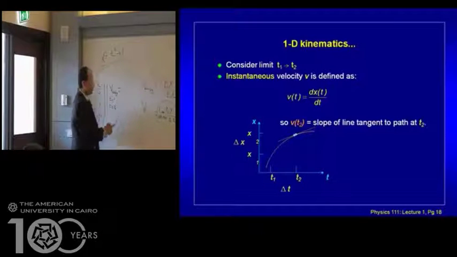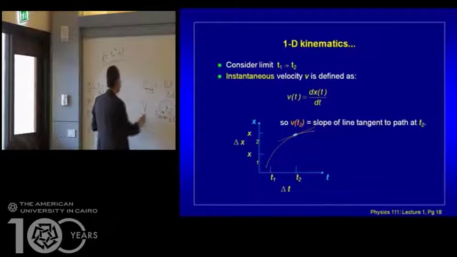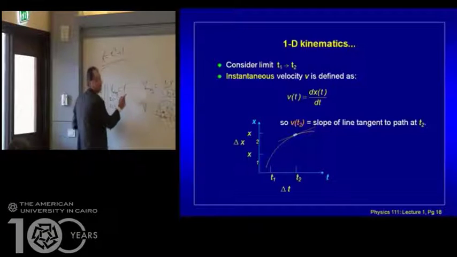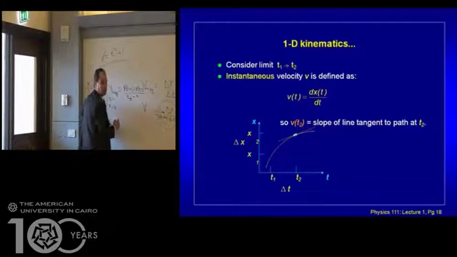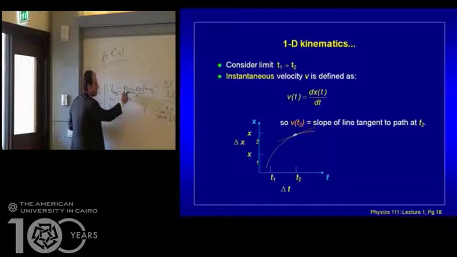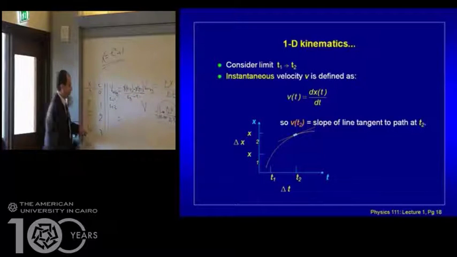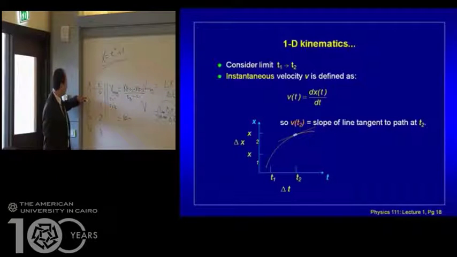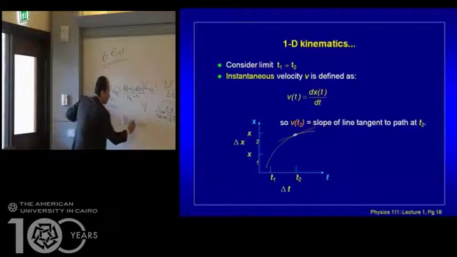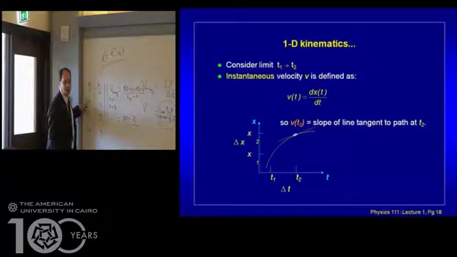So V average will equal to delta x, the change in x, at time equal to 3 minus x at time equal to 1, divided by t3 minus t1, which is going to equal to x at time equal to 3, 10, minus x at time equal to 1, 2, divided by 3 minus 1.